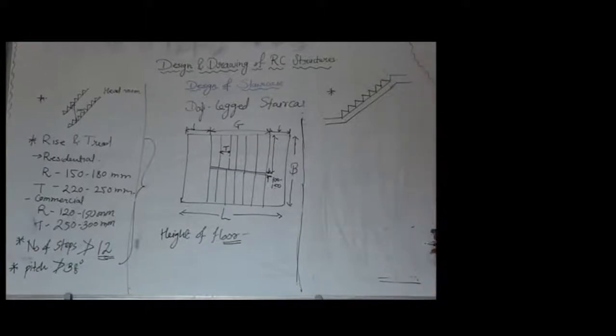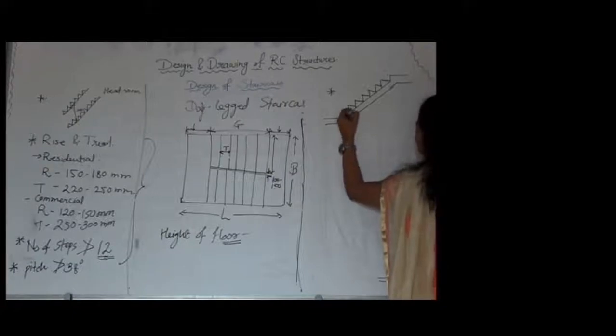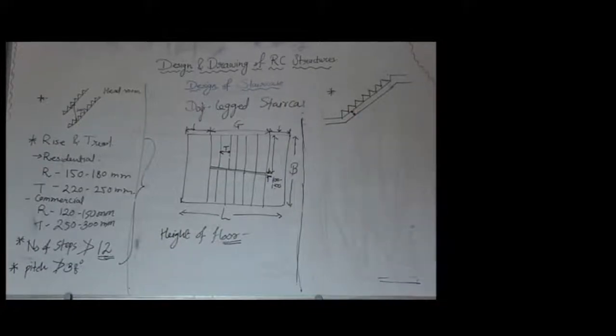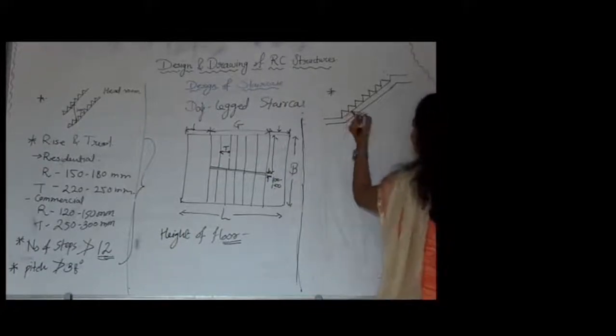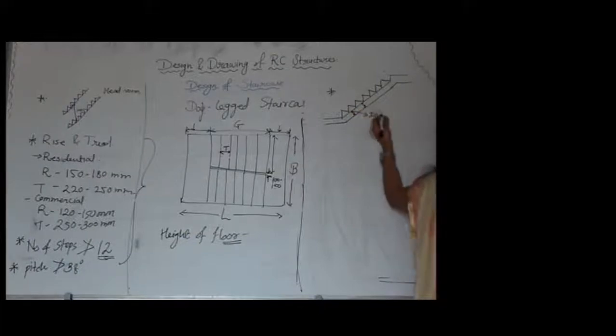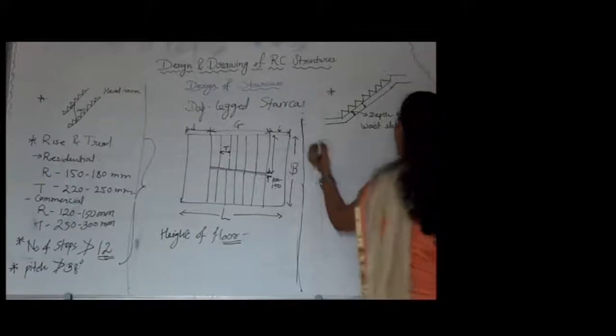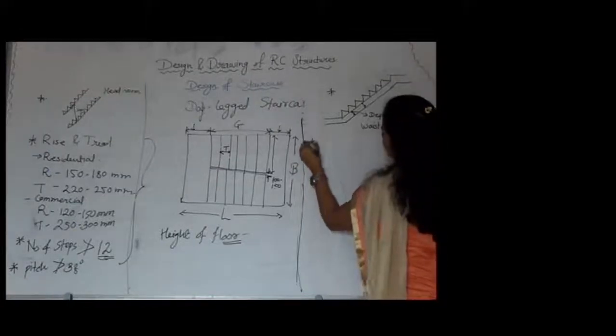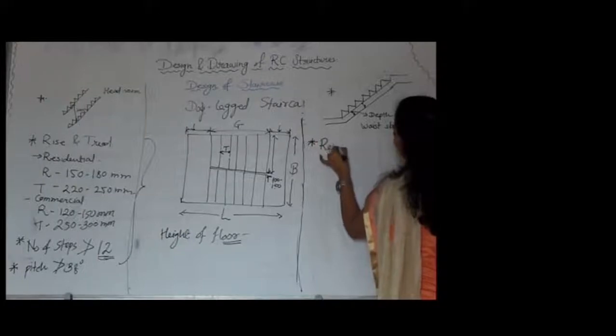Okay. So, as it is reinforced concrete structure, main finding is nothing but to find depth of staircase, that is depth of this slab, which is called as waist slab. So, first of all we will find out depth of waist slab, and after this we will find out how much reinforcement is required.